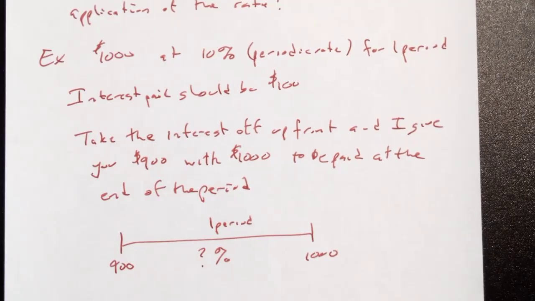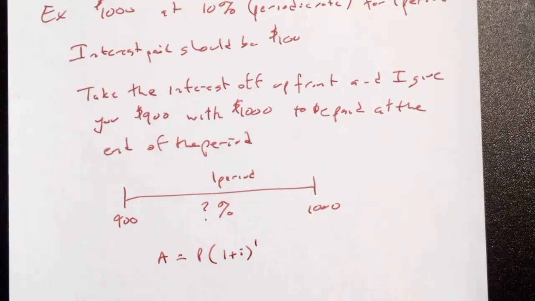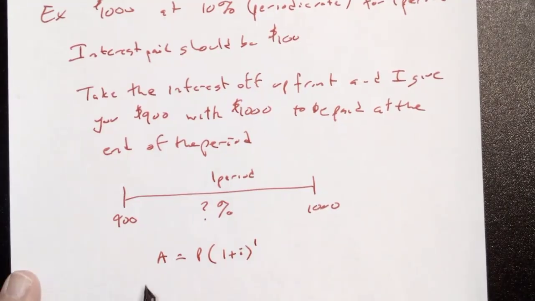So future value is P times 1 plus i to the 1, and it's i over 1 because it was only one period. So that's 1,000 is 900 times 1 plus i.